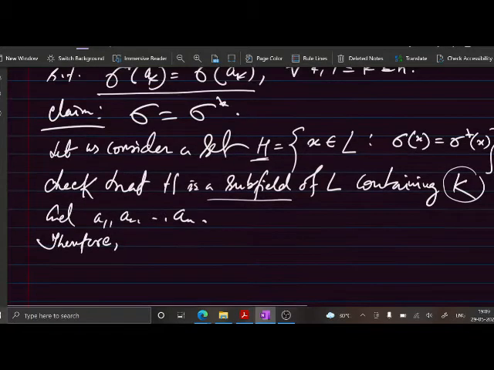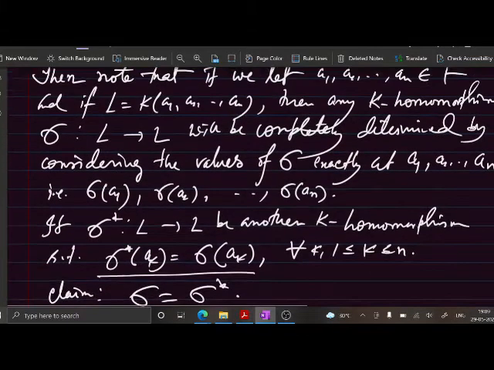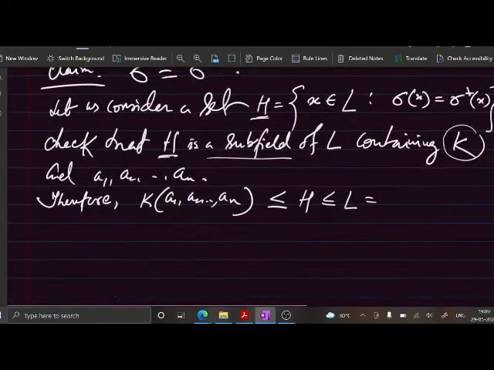Therefore the subfield generated by K and A1, A2, An will be inside H. So that is K(A1, A2, ..., An) is also a subfield of H, and H is a subfield of L. But what is L? L is actually this K(A1, A2, ..., An).